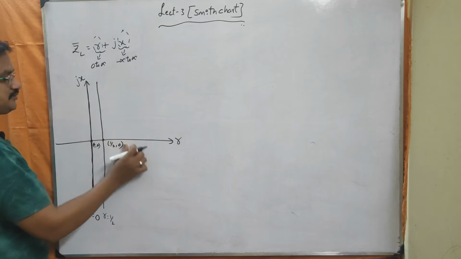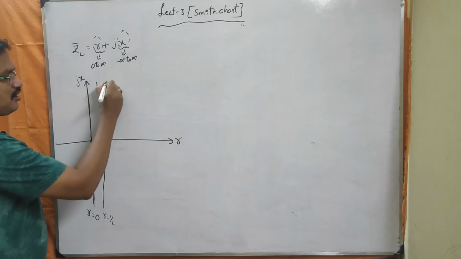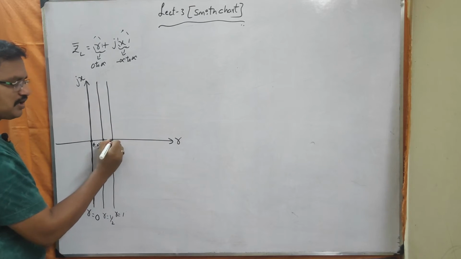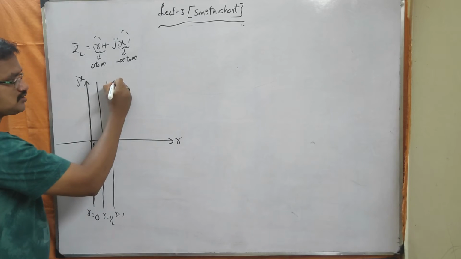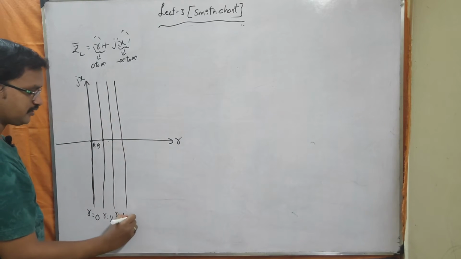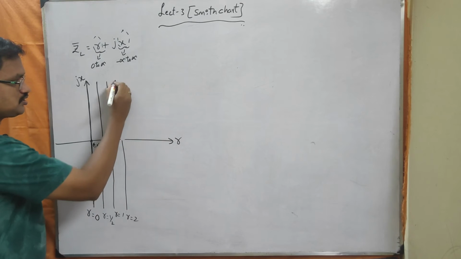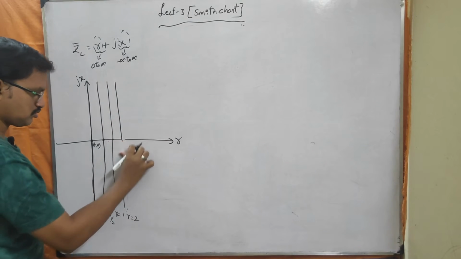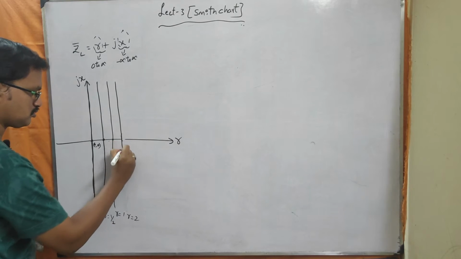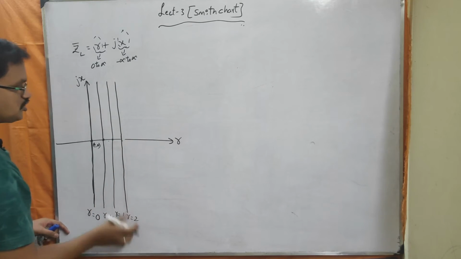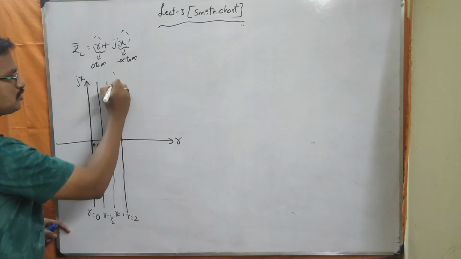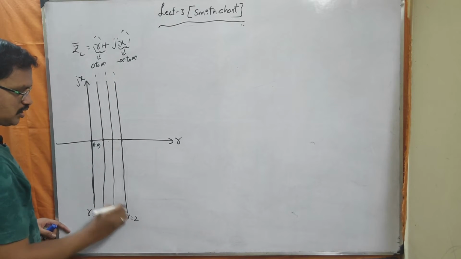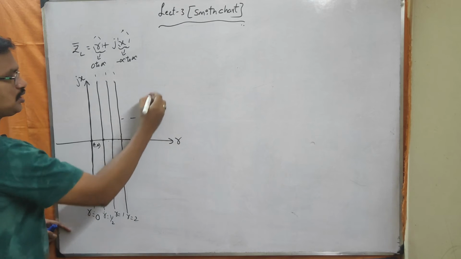Okay, so in that manner I can draw R is equal to 1 line, so this point will represent 1, 0. Okay, and also I can draw R is equal to 2 line, and so on. So this represents R is equal to 2 line. So this represents R is equal to 0, this represents R equal to 1 by 2, R equal to 1, R equal to 2, and so on, up to what?